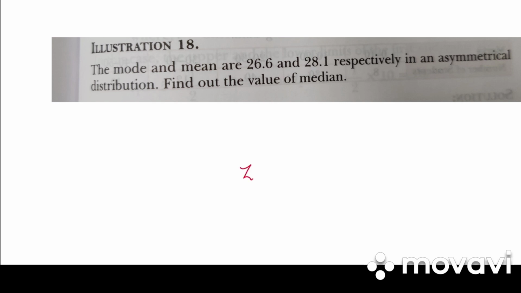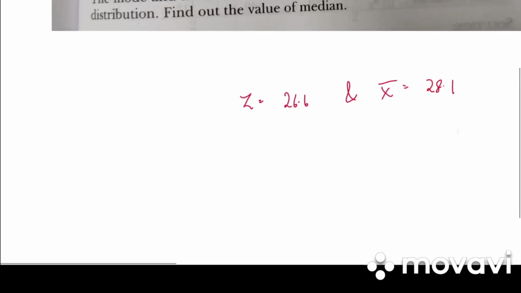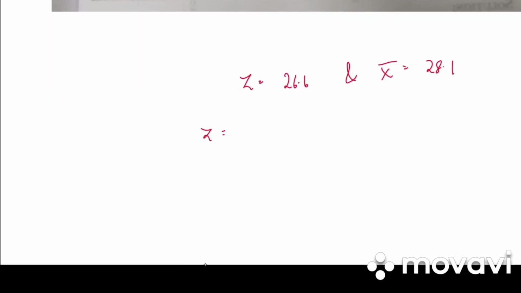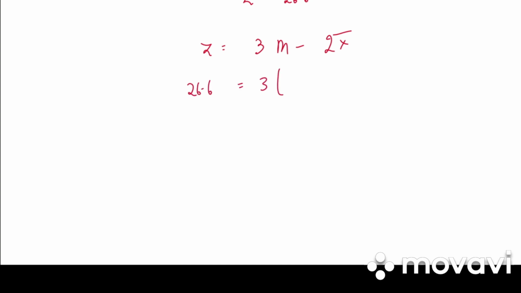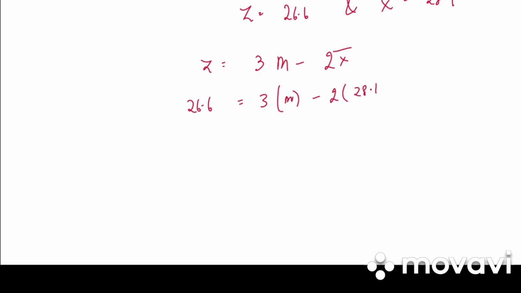Next, take down illustration 18. The mode and mean are given. So Z is 26.6 and mean, that is x bar, is 28.1. Find out the value of median. So what is the formula? Z is equal to 3M minus 2 mean. So we know Z, 26.6 is equal to, we don't know median, we know mean, 2 into 28.1.